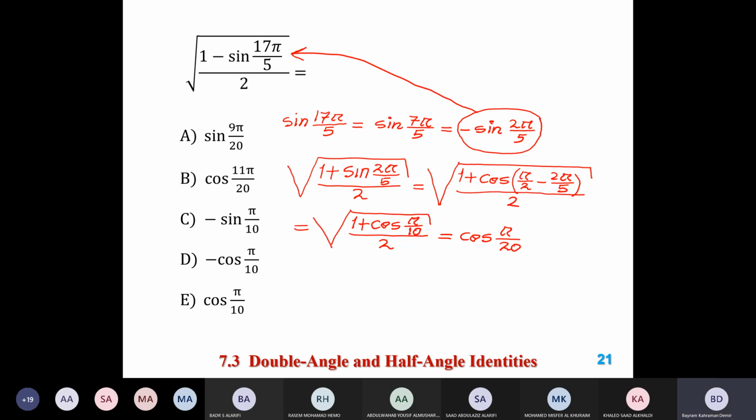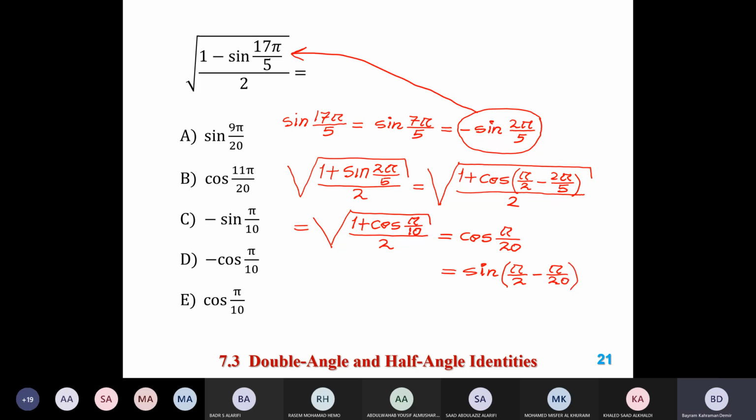All right. So, is there an answer like cosine pi over 20, Shabab? No. Well, that's not fair, because the question is actually long enough. Looks like at the end, they changed the sign back again. Cofunction, right? Yes, they use cofunction again, Shabab. Pi over 2 minus pi over 20.